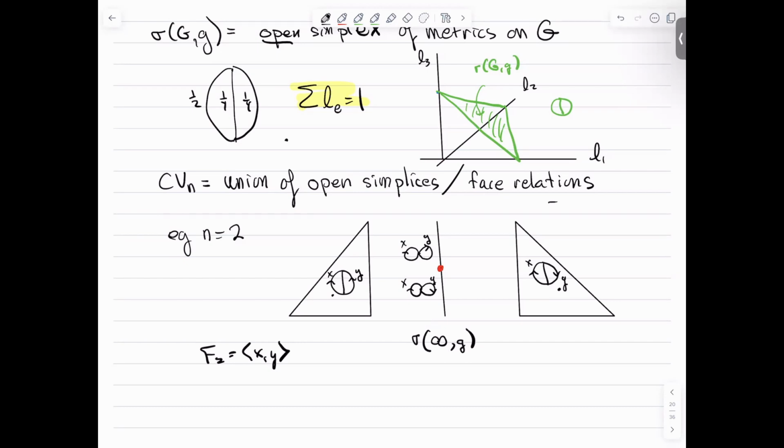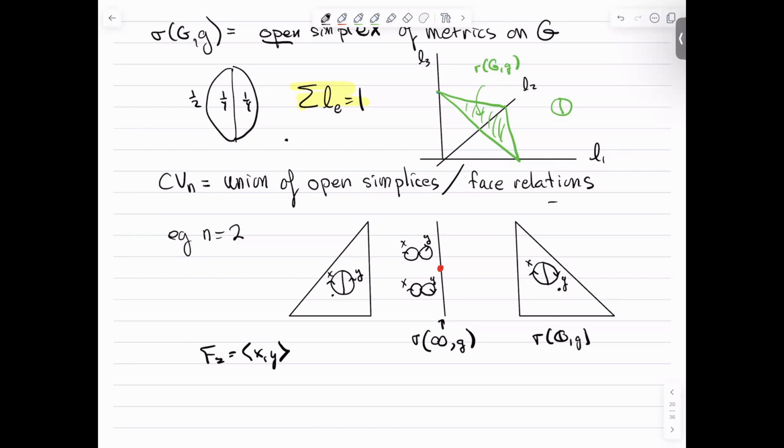You can have much more complicated markings where X goes 47 times around Y, and Y goes once around Y, for instance. But this is sigma of this G with G marking indicated. And this is sigma of this with a marking.